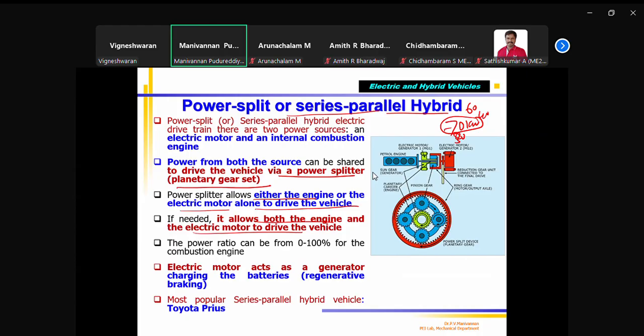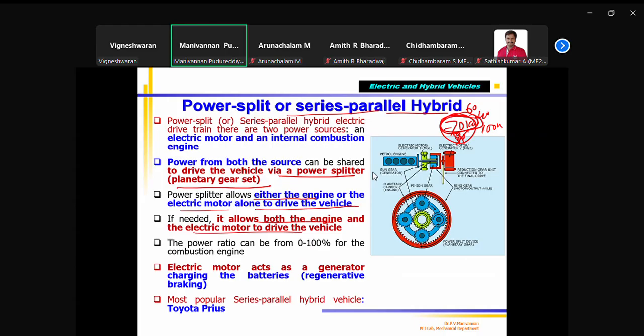If you want to drive your vehicle at 140 or 160 kilometer maximum speed, with full load, 4 passengers, all those things, then both should work. Then only 100 kilowatt will be available. But as I told you, you can cut down one power, for example 30 kilowatt. That means at any given instant, you have only 70 kilowatt. With that, your vehicle will not reach full speed. With 4 passengers already sitting, it may go up to 70 or 80 kilometers only.